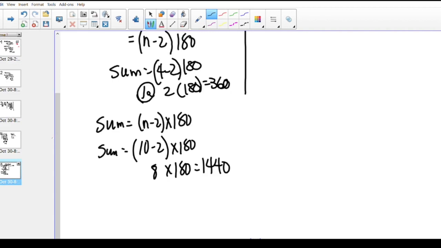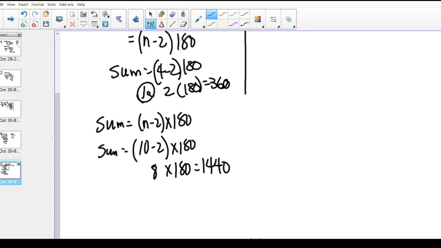Now, people, number 5 is a, I don't know if it's using a formula so much. Well, I guess you could say it is. It says each of the 5 angles of a convex hexagon has measure of 130. Now, this is a hexagon.